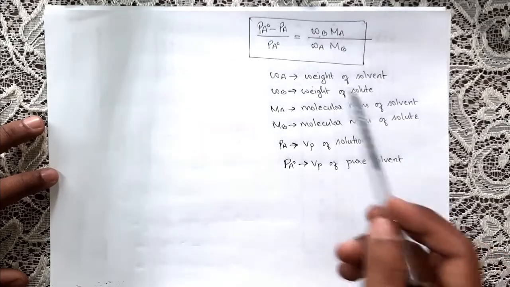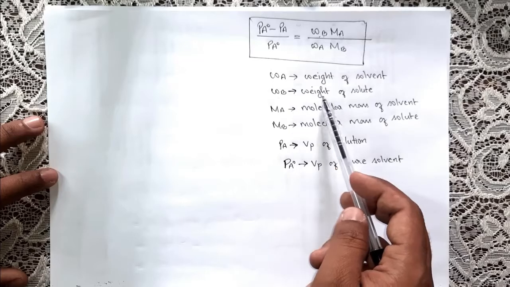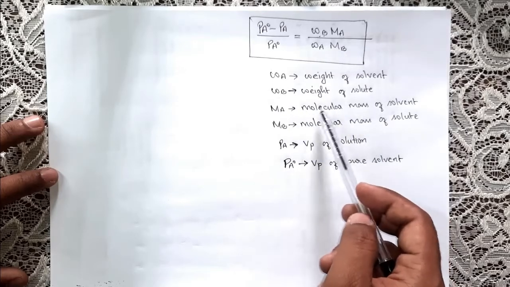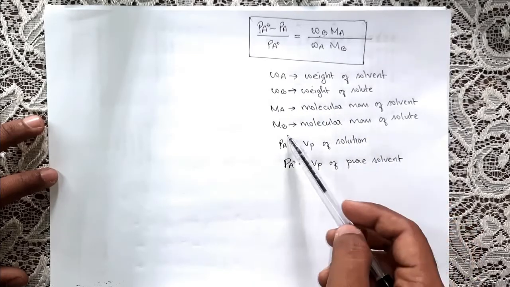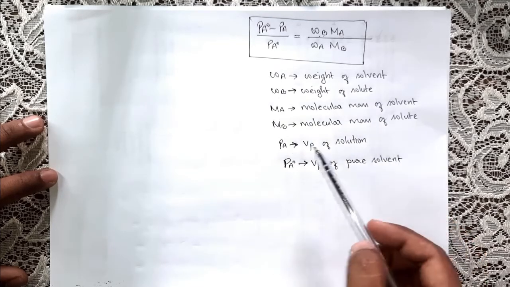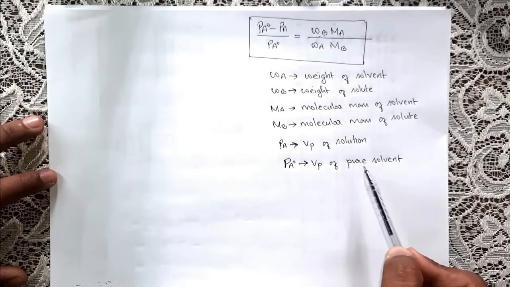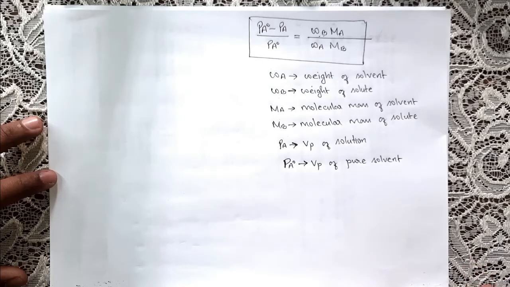So these are the terms. WA is weight of a solvent, WB is weight of a solute, MA is molecular mass of a solvent, and MB is molecular mass of a solute. PA is vapor pressure of a solution, PA naught is vapor pressure of a pure solvent.